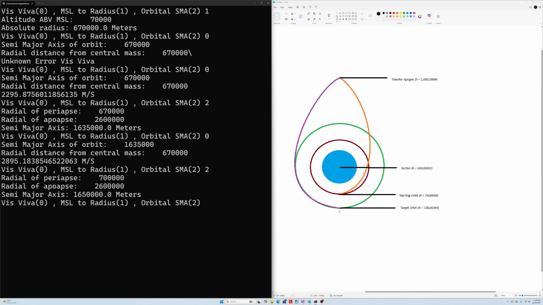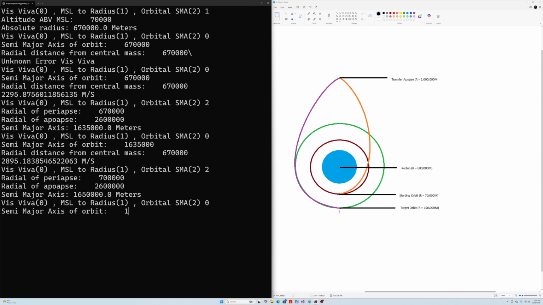The next step of the operation is to perform a vis-viva equation such that we know exactly how fast we would be traveling if we had the aspects of our second transfer orbit.